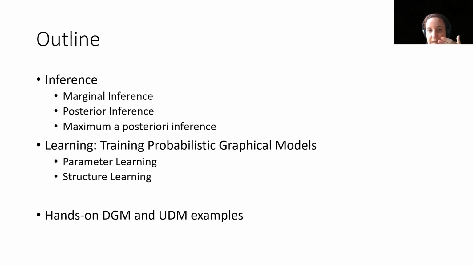So we did not cover how we fit these models, how we find values for these parameters, and also, once we have the parametric model or this probabilistic model, what can we do with it? How do we query it? This is what we're going to cover in this tutorial.